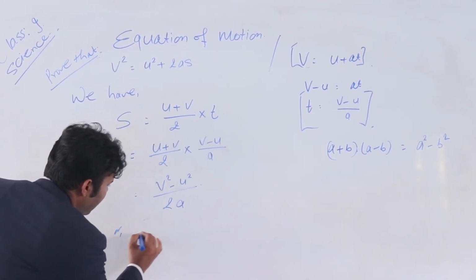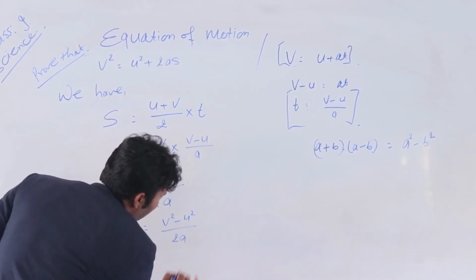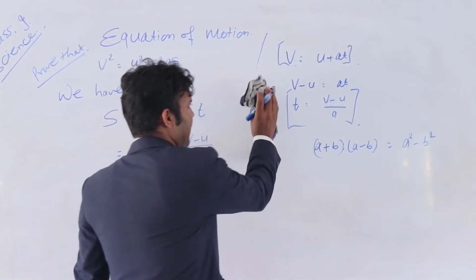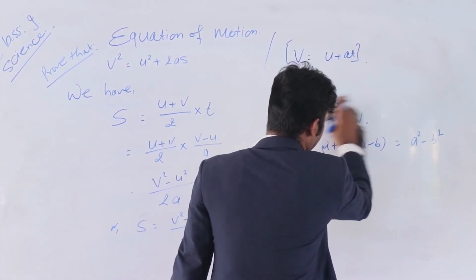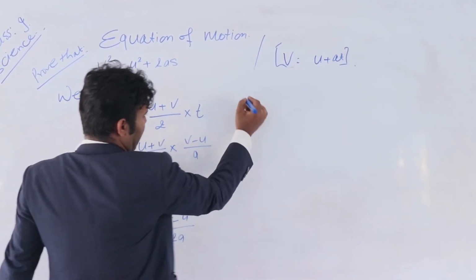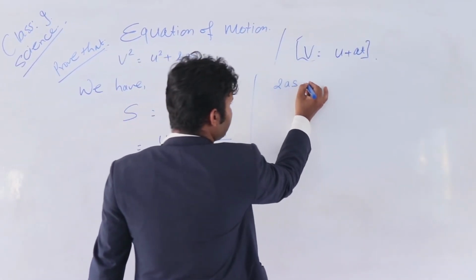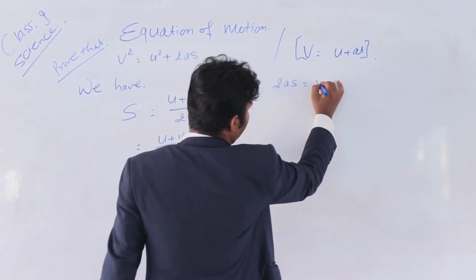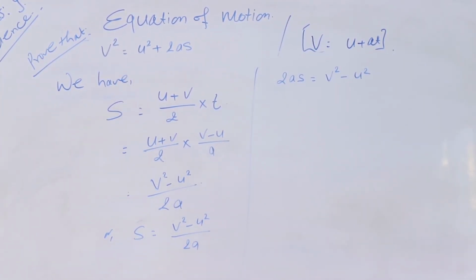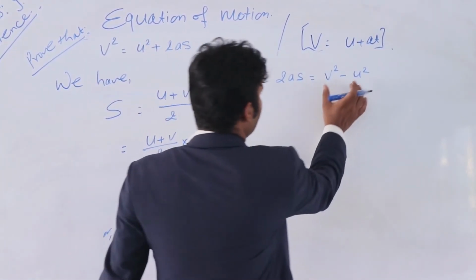Now, our S is equal to V square minus U square upon 2A. Please do the cross multiplication. 2AS is equal to V square minus U square.